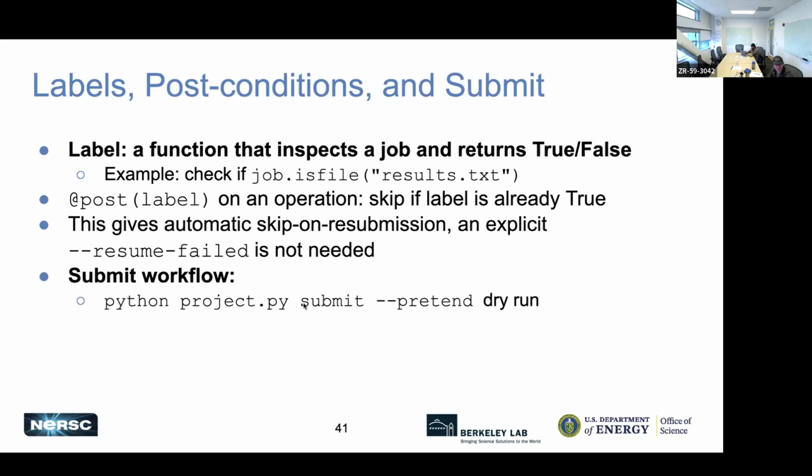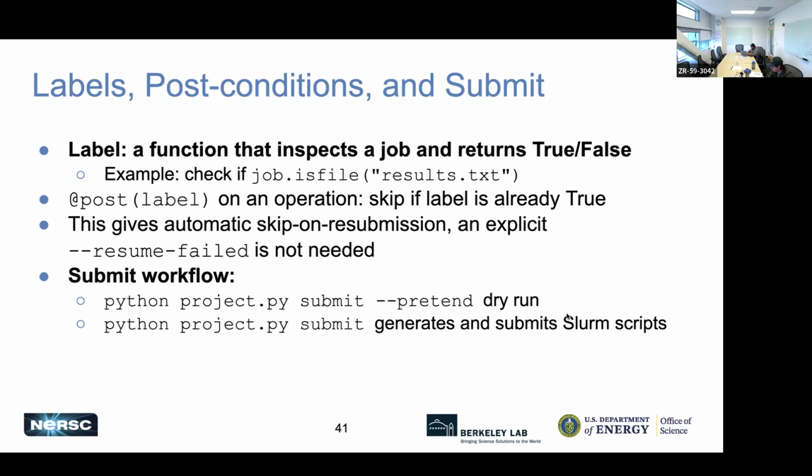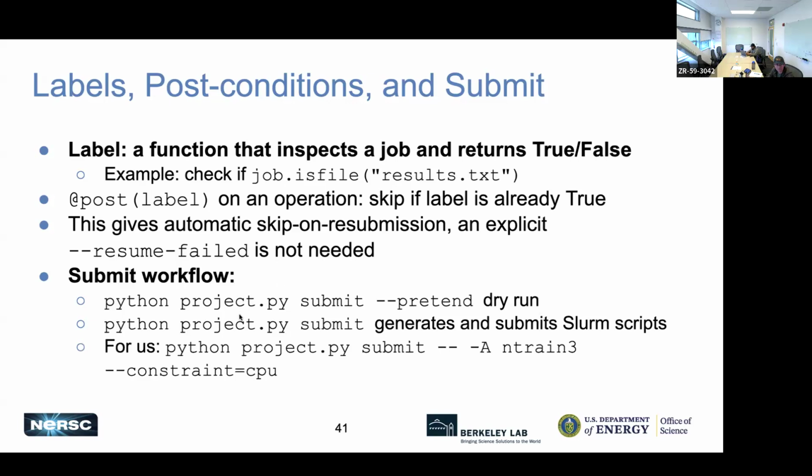And here's the submit. So pretend is the equivalent of doing a dry run. That'll show you all of the actual Slurm scripts that get run for whatever you happen to have written in project.py. And remove the pretend, and it will actually do the submission.